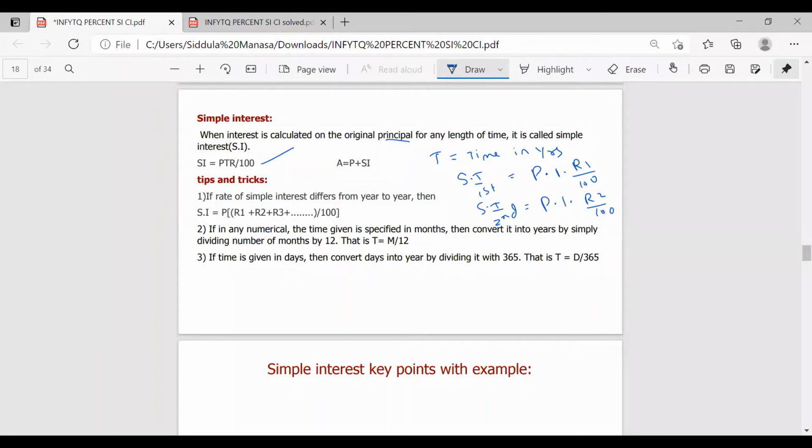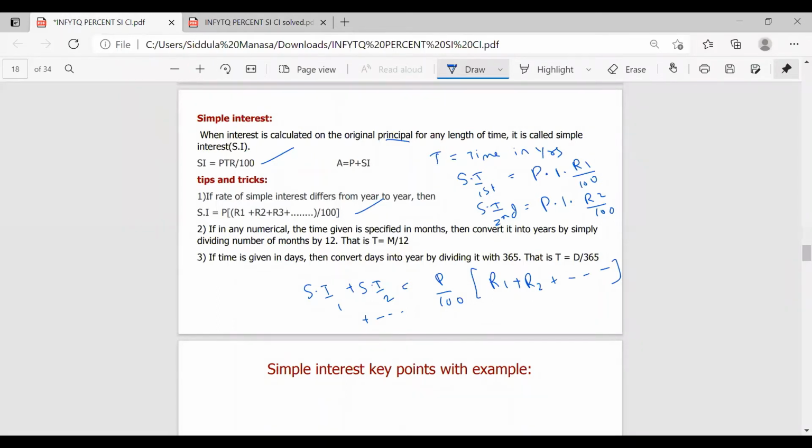If I add SI1 plus SI2, P by 100 is common and we get R1 plus R2, and so on. So simple interest equals P by 100 times (R1 plus R2 plus so on).